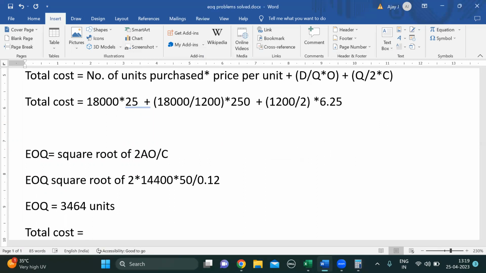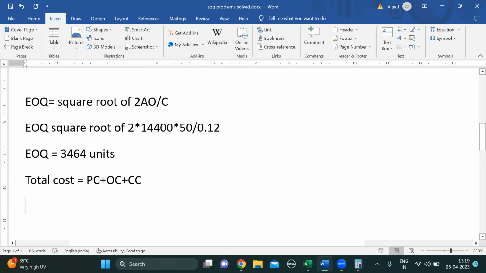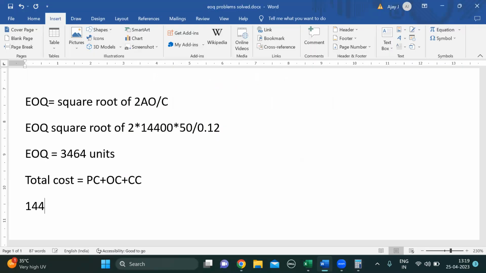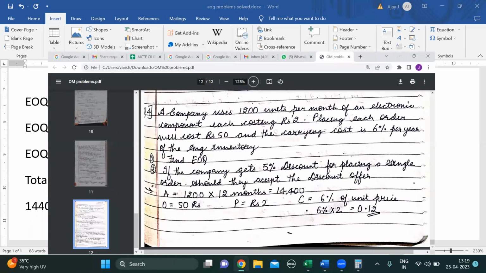Now total cost is equal to, sorry, first we'll do purchase cost plus ordering cost plus carrying cost. Purchase cost, annual requirement, 14,400 units into price per unit is 2 rupees, which is given there.